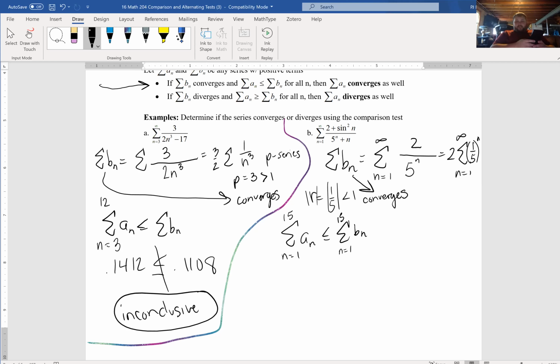My first function is 2 plus sine of n quantity squared.